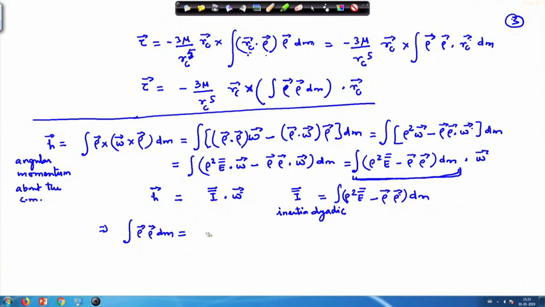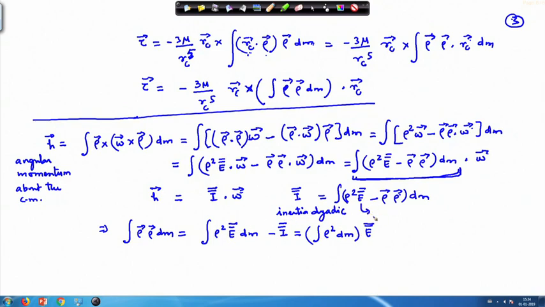This quantity will be equal to rho square E double bar d m minus I double bar, and this can be written as rho square d m, and E double bar can be taken outside, because E double bar is a vector. Okay. This is related to the dyadic, and where it is the unit dyadic.